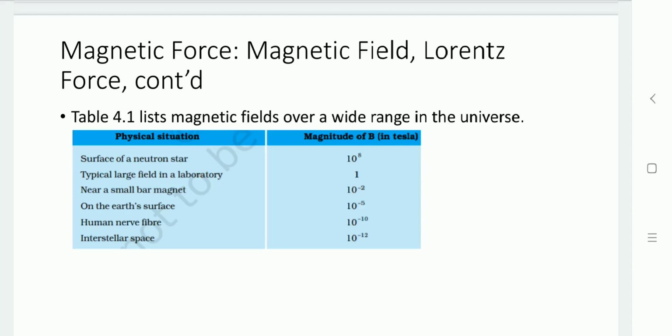Earth's surface has 10 raised to minus 5, that is 3.6 into 10 raised to minus 5 Tesla. A human nerve fiber has 10 raised to minus 10 Tesla, and interstellar space has 10 raised to minus 12 Tesla.